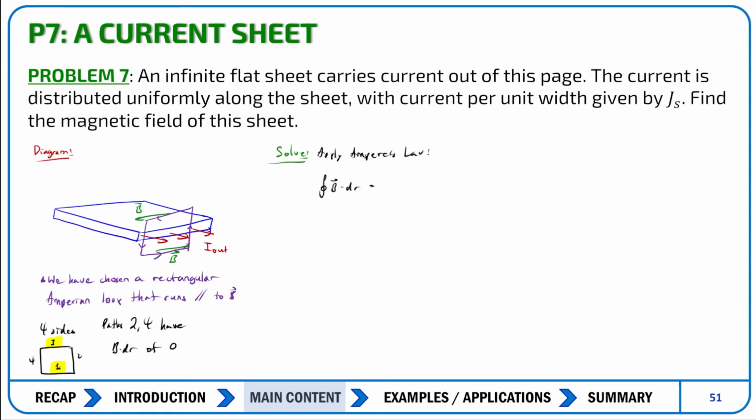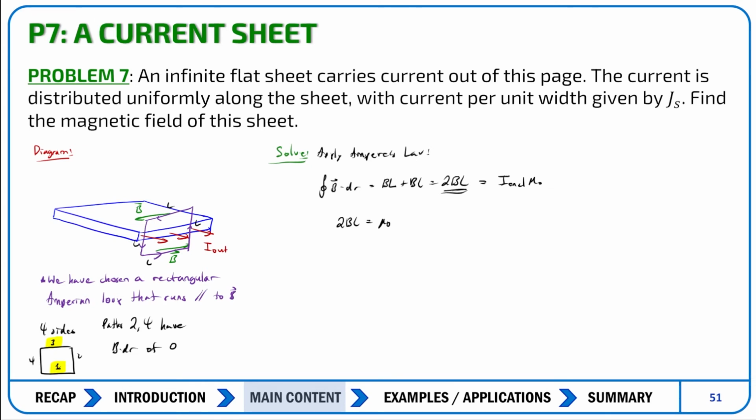So we end up with a side length L for each. We know this is going to be BL from the top, plus BL from the bottom, and this is 2BL. With that, we set this equal to I enclosed times mu naught, so 2BL equals mu naught I enclosed.